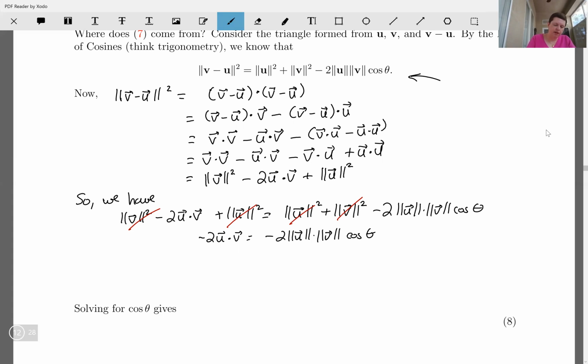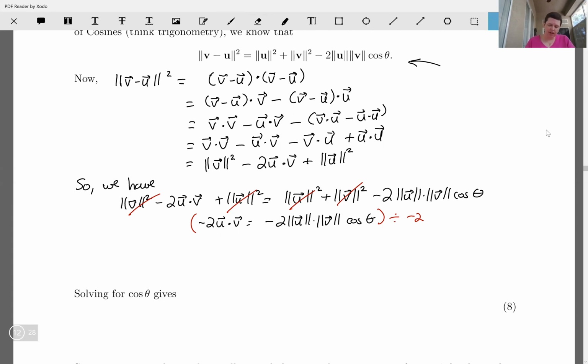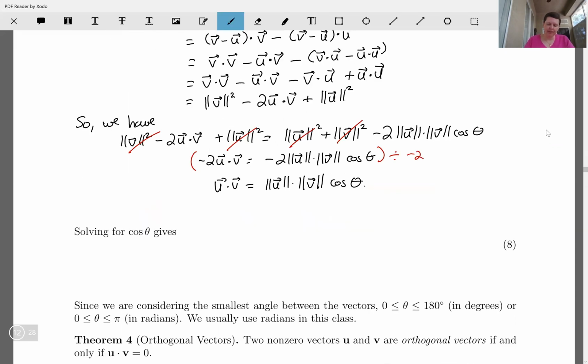And then, like I just said, let's divide both sides by -2, because good old algebra tells us that we get to do that. And we get u dot v is magnitude of u times magnitude of v times cosine of theta. Now, big deal here is that we can solve for cosine theta.